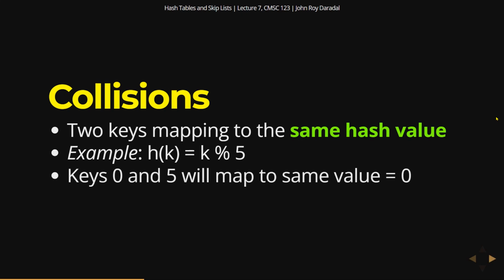Now what if we have two keys, 0 and 5? If we apply this hash function, 0 modulo 5 is 0 and 5 modulo 5 is also 0. So they map to the same hash value, which is 0. So keys 0 and 5 will collide. There is a collision because they are mapped to the same value.